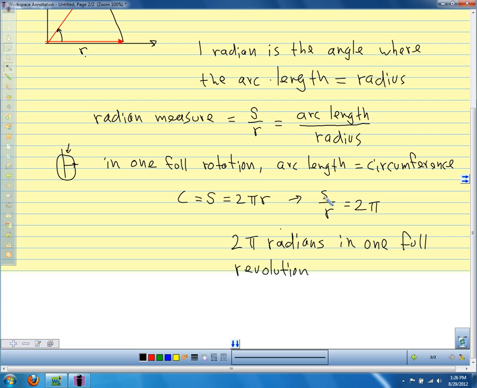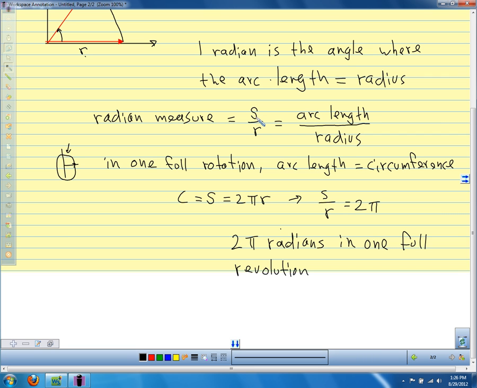Now let's look at the units of radian measure. What are the units of arc length? Length, time, volume, mass? Length. I call it arc length, right? So our unit of arc length is a unit of length. So it'd be inches, meters, centimeters.